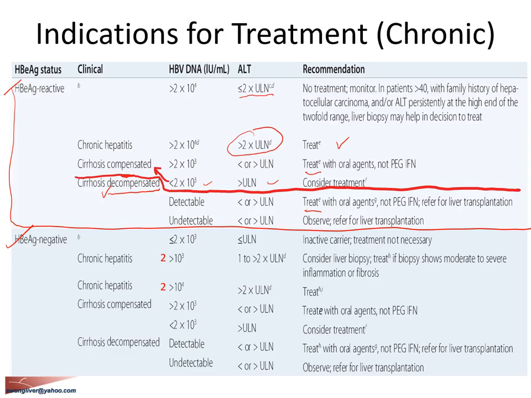The main difference with regards to positive and negative status is that for HB antigen negative patients with chronic hepatitis, the DNA levels needed in order to consider treatment are lower compared to HB antigen positive patients. But for cirrhosis, whether compensated or decompensated, they're basically the same.